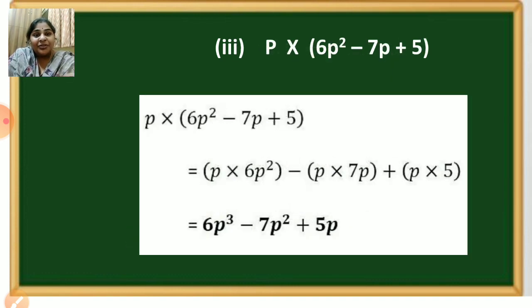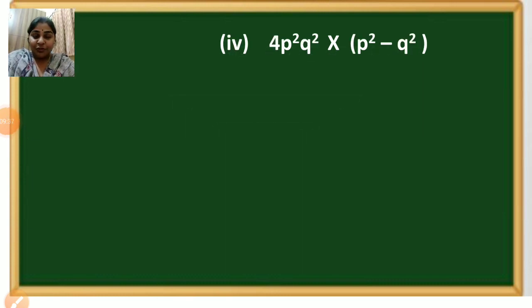Let us proceed. So this is the fourth one. Now it is 4p square q square multiplied by, in bracket, p square minus q square.